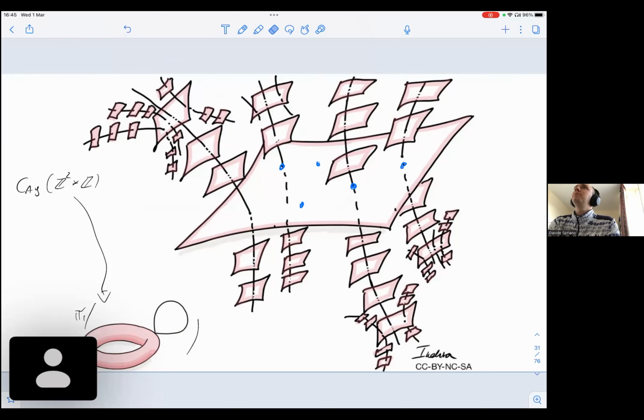So we want to somehow have a procedure that to this space associates something hyperbolic. And so now what should we do? What would you do? What is the obvious thing to do? Well, the thing to do is clearly you want to collapse the flats. The flats are an area of non-hyperbolicity.